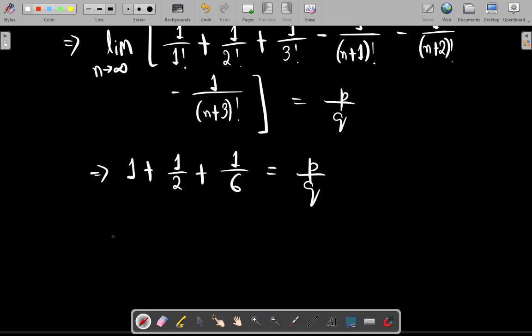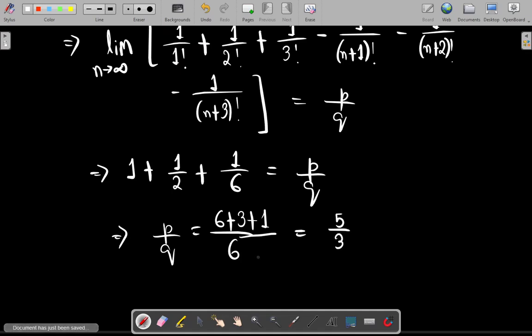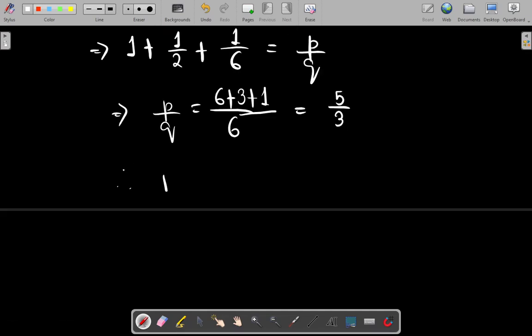So p upon q, if I take the LCM, this becomes 6, so it's (6 plus 3 plus 1) upon 6, which is 10 upon 6. So 10 upon 6 is 5 upon 3. This is the required fraction. We were required to find the value of p plus q, so p plus q will be 5 plus 3, which is 8. This is the final required answer.